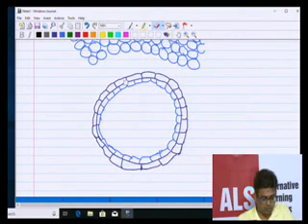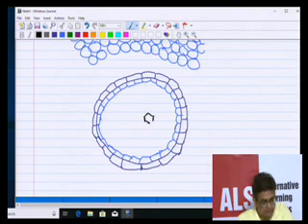Now we have to do a lot of labeling also. Now first let me draw the most essential part of this diagram, which is the xylem vessels. So xylem vessels I am going to draw here first, like this. Xylem vessels.